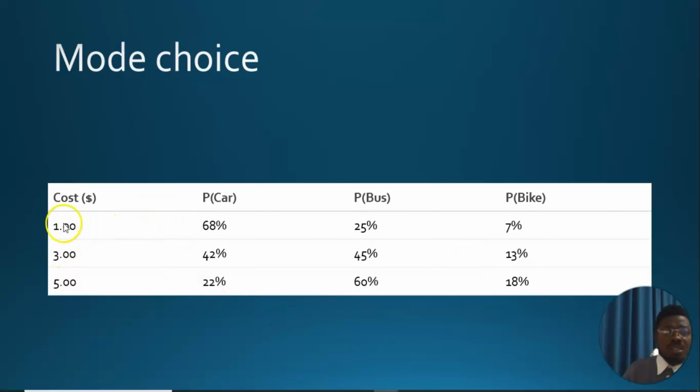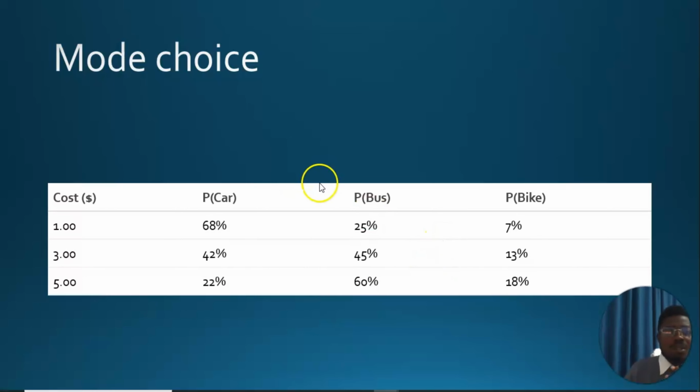Here we have when it is $1, you have 68%, here 25%, and here 7%. But when the cost is $3, we have 42%, 45%, and here it's about 13%. And $5, 22%, 60%, and 18%.